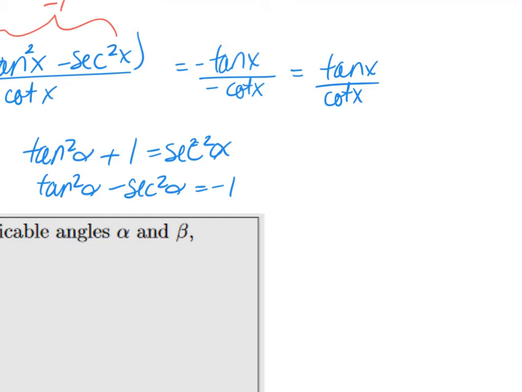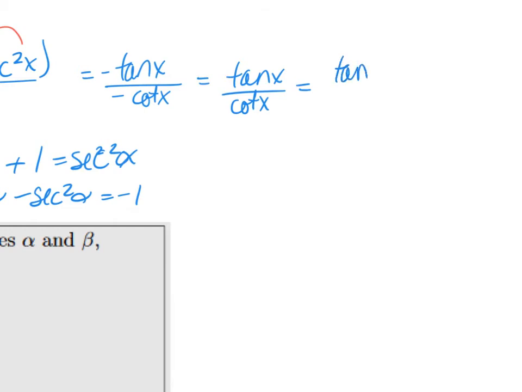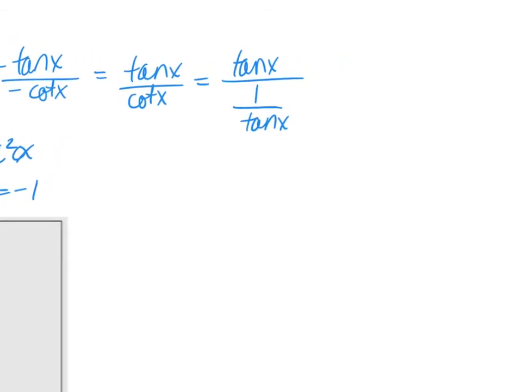Yes, they are reciprocals. So this is equal to the tangent of x over 1 over the tangent of x. Cotangent is 1 over the tangent. I have a fraction within a fraction. My final answer is tangent squared x. That is my final answer.